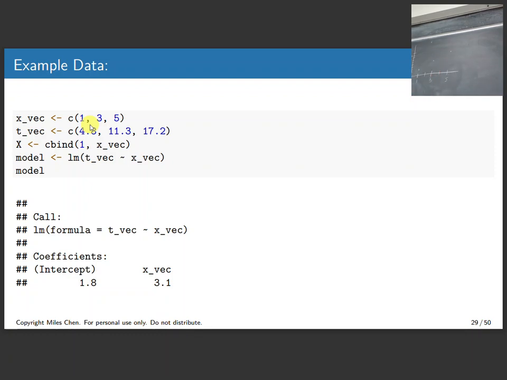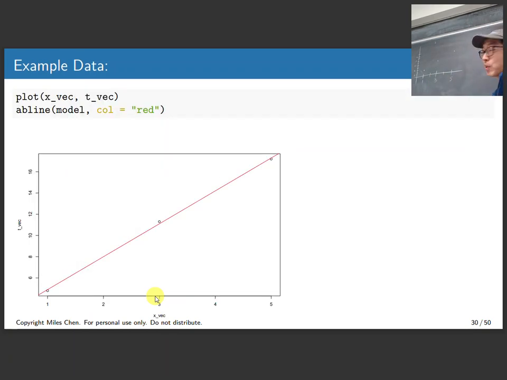Now we're trying to find the slope and intercept that's going to best fit my data points. And the answer is you need an intercept of 1.8 and a slope of 3.1. If you plot that, this is the solution.